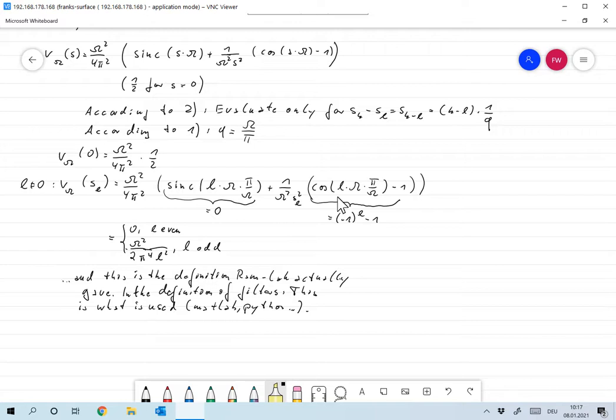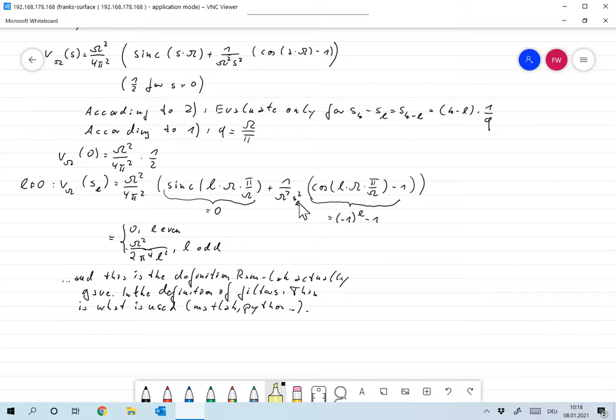Now, what about this one over here? Here we have the cosine of L times pi, which is nothing but (-1)^L minus 1. So if L is even, then this over here is 0 and it goes away. And if L is odd, then this is -2.